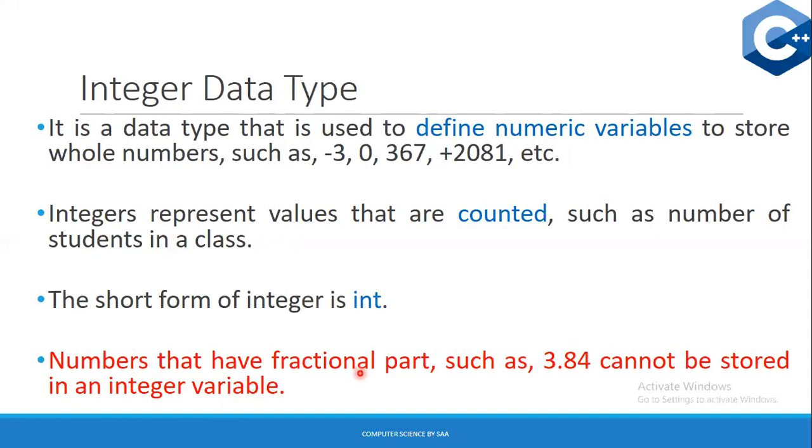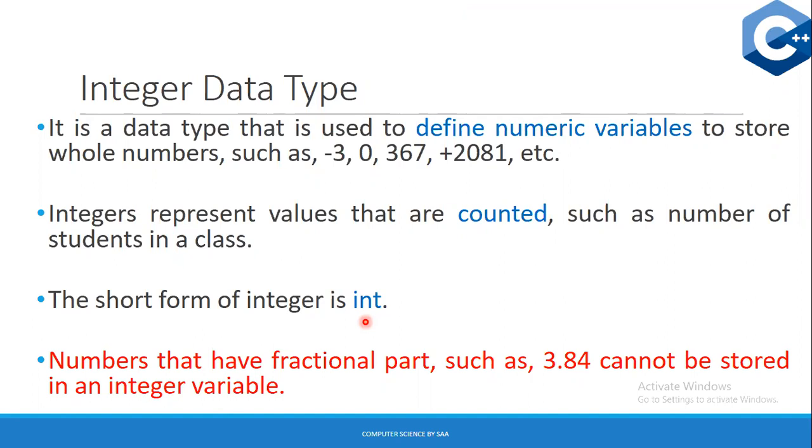Numbers that have a fractional part, meaning the decimal parts like 3.84, cannot be stored in an integer variable. It will be a problem for us. It is the same thing that we discussed in the slide about variable initialization and declaration.